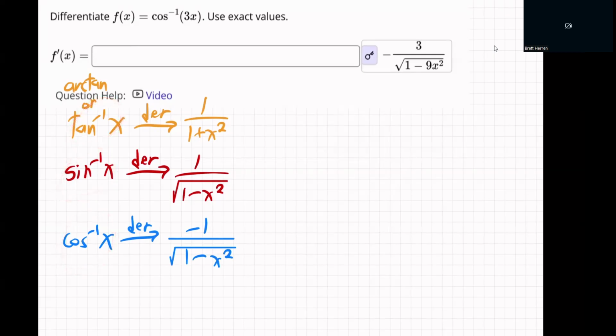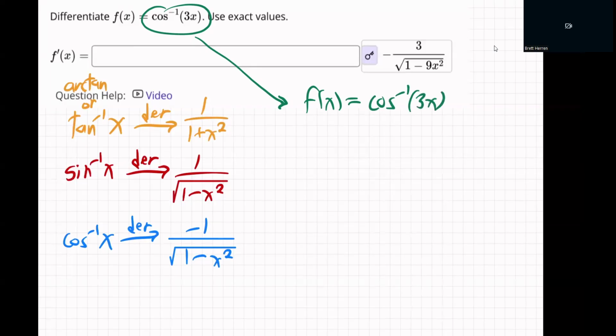Okay, so now on this problem, if you could have any of the three, I'm going to do this one. If I have y equals, or f of x, let's call it f of x, equals cosine inverse of 3x, then what's the derivative going to be?